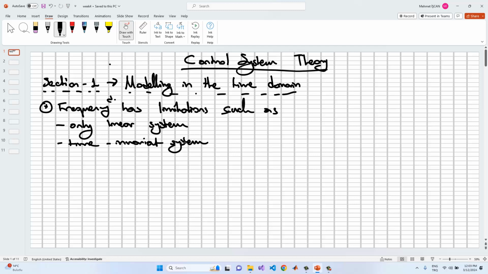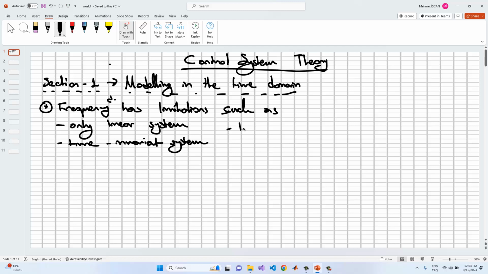For example, if we have x dot equal to a(t) times x(t), we cannot take the Laplace transform of this term, because the time-varying term has the form of a multiplication a(t) times x(t).